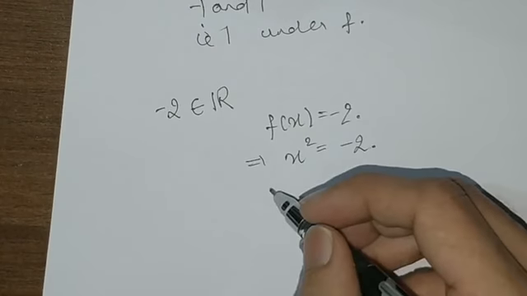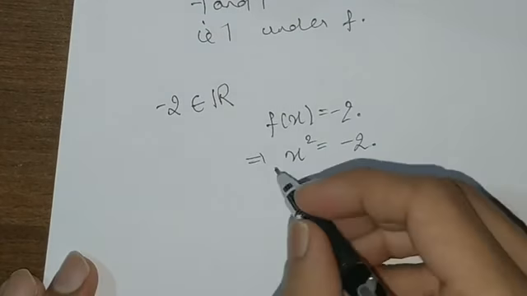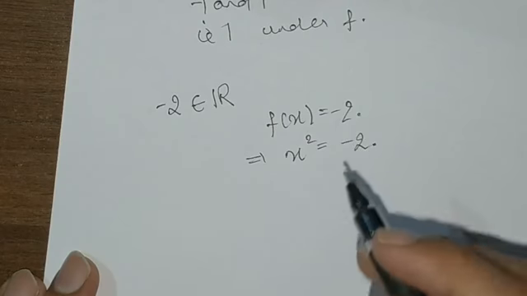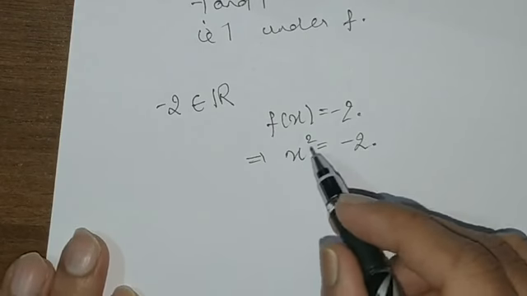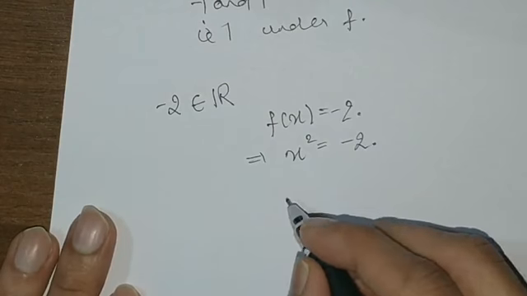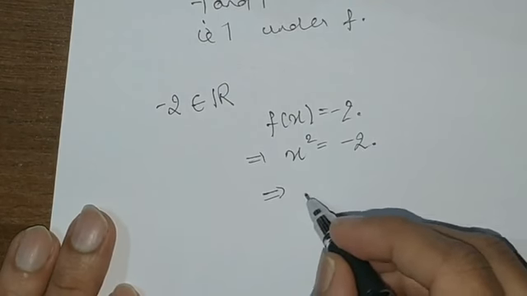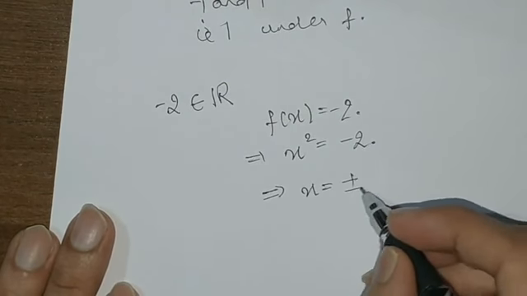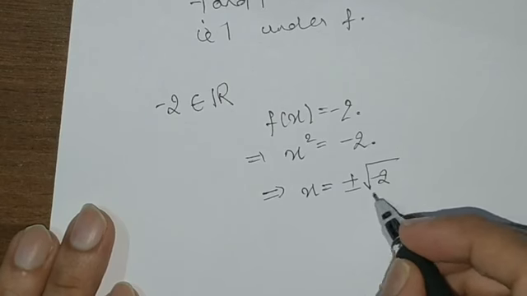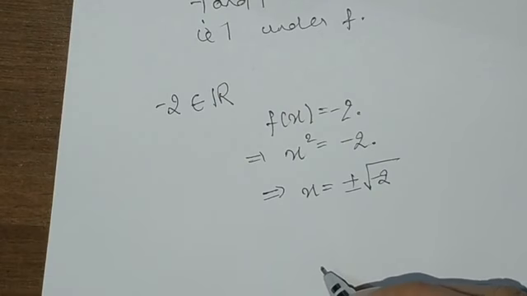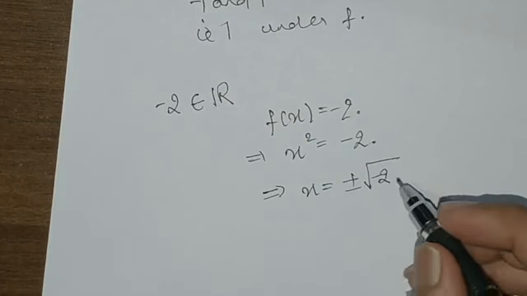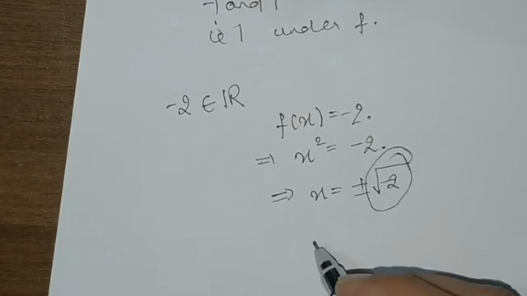Even you could have taken minus 1, but you have taken minus 2, so this implies x square is equal to minus 2. That means x is equal to plus or minus root of minus 2. Now what is this? This is an imaginary number, right?